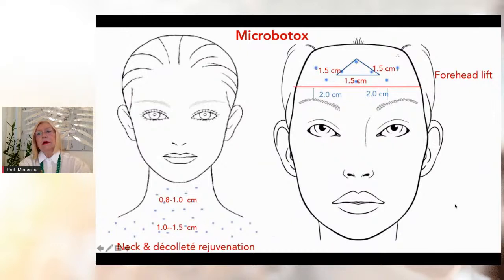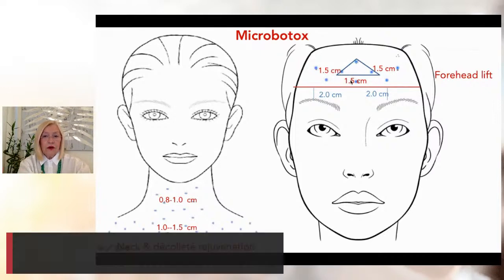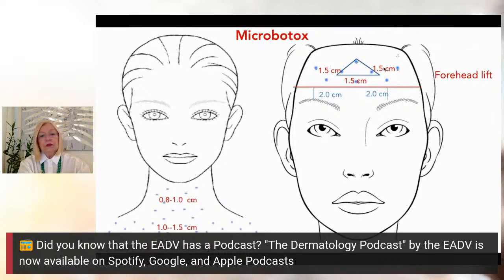You can see here, for example, for forehead lift, please keep this dangerous or safe zone 2 centimeters above the brow, and you can do multiple injections, 1.5 to 2 centimeters, 1 to 1.5 centimeters between points, and achieve the blanching papules.